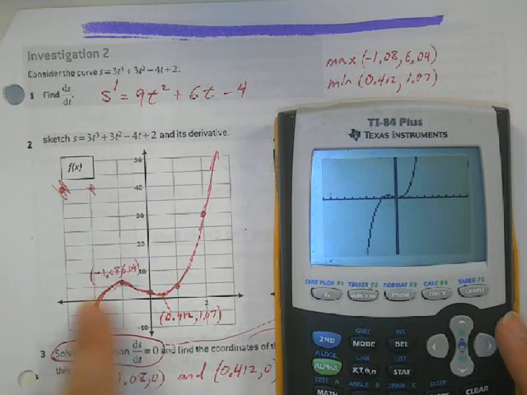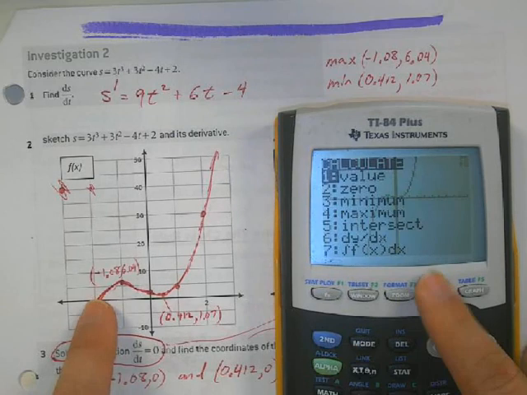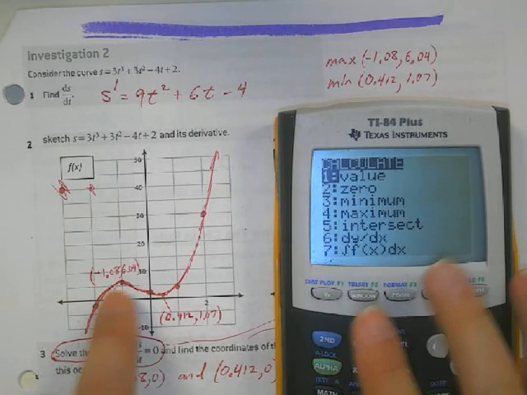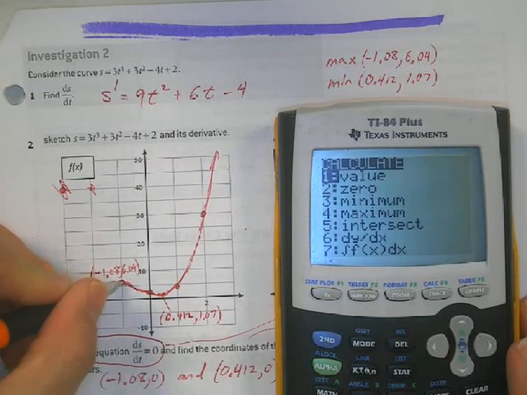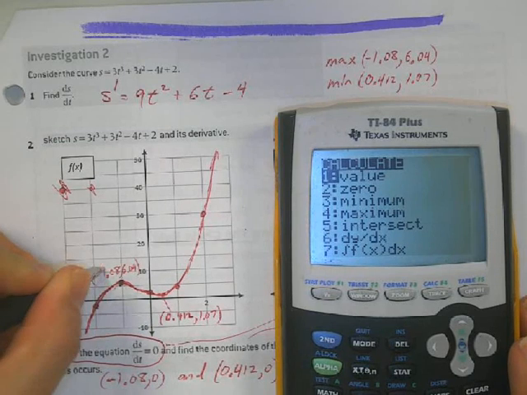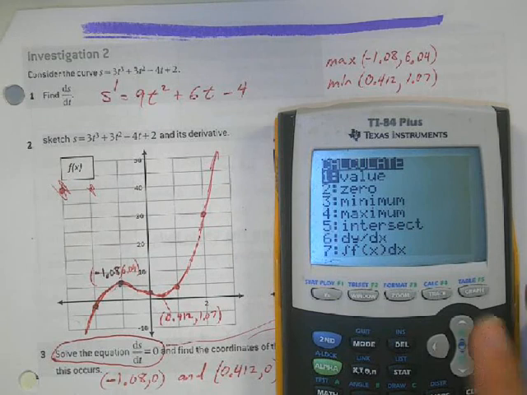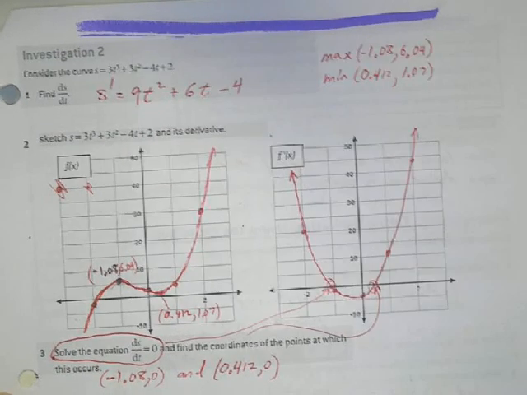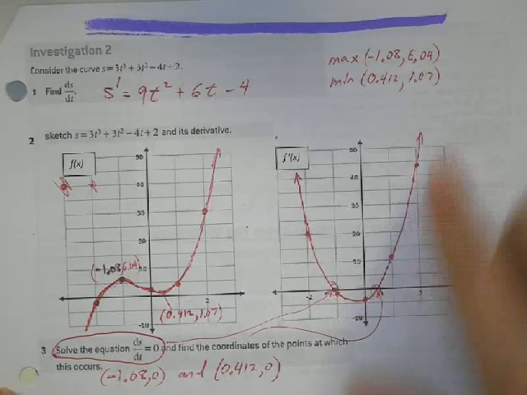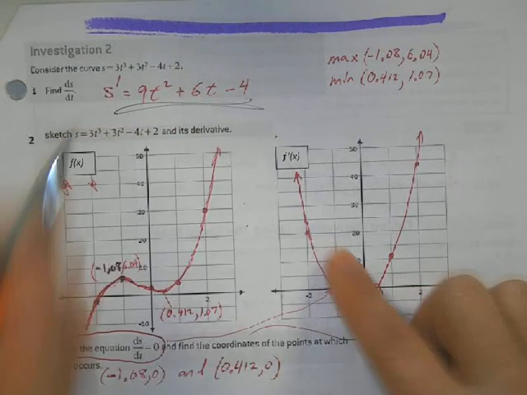Okay, and just like before, you can use second trace and the minimum and maximum and get these points here. I won't go into that because you should already know how to find the minimum and maximum points. And then if I graph the derivative, it would look something like this.